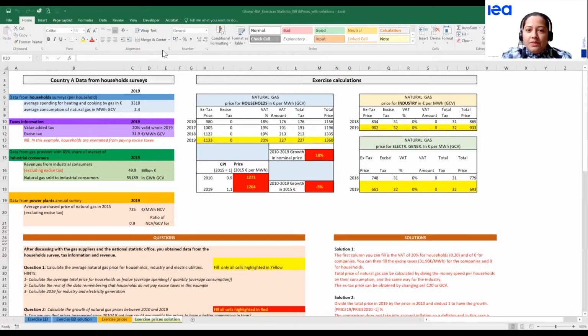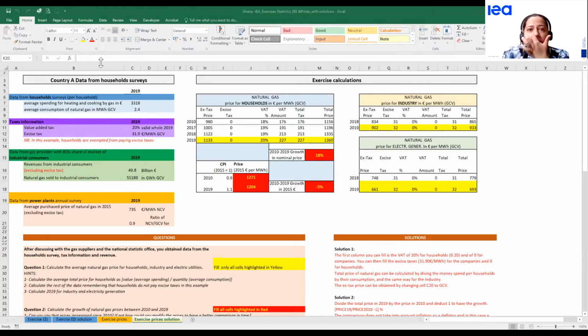So that was the exercise on energy prices. You had data for country A, for households, for taxes, for industrial consumers, and also for power plant surveys.